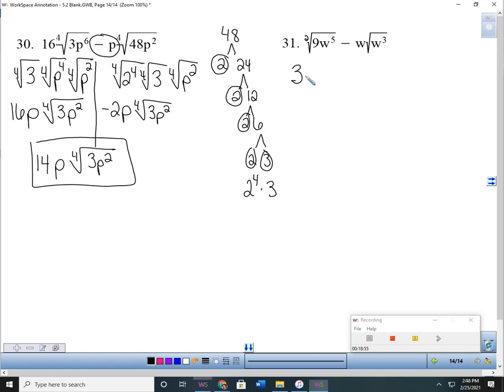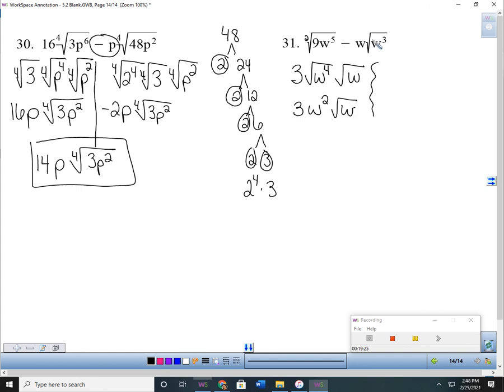And then I need to split up my w to the fifth. So what's the biggest number that's smaller than 5 that will divide by 2? 4. So I do w to the fourth, and that leaves me with w. So if I simplify this, the square root of w to the fourth would be w to the second, and then the square root of w.